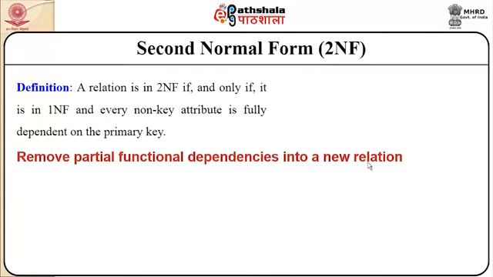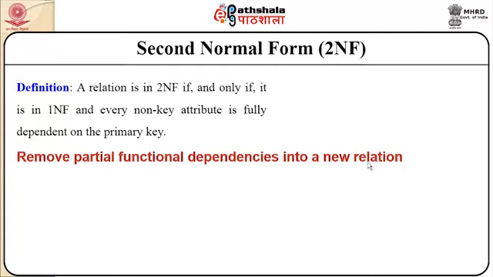Now, we move to the next normal form, which is second normal form. A relation is said to be in second normal form if and only if it is in first normal form. That is, each normal form has to go through the process of first normal form, then second normal form, then third normal form, which means everything is related within it.